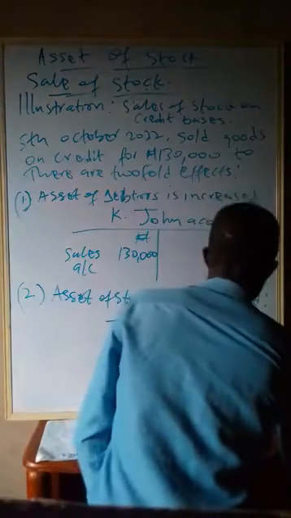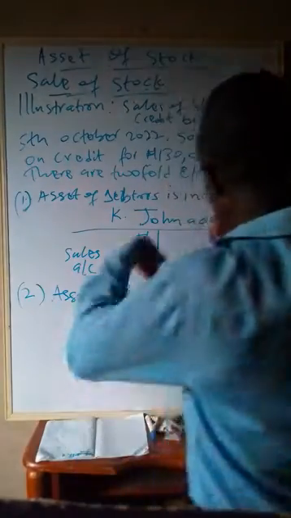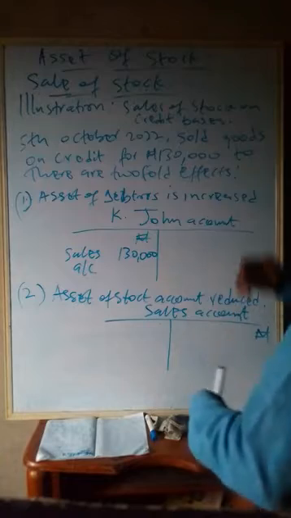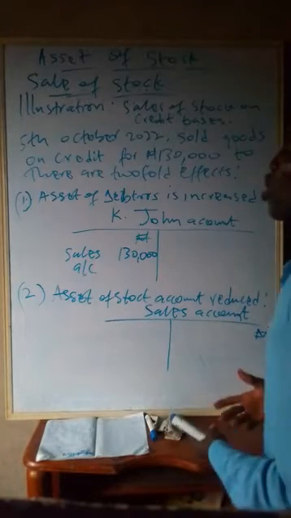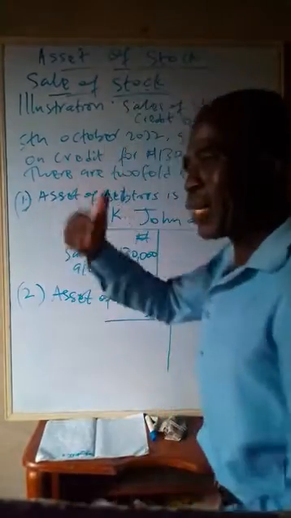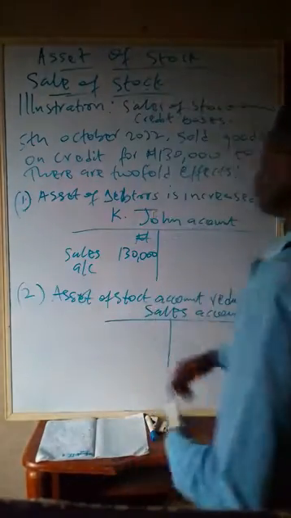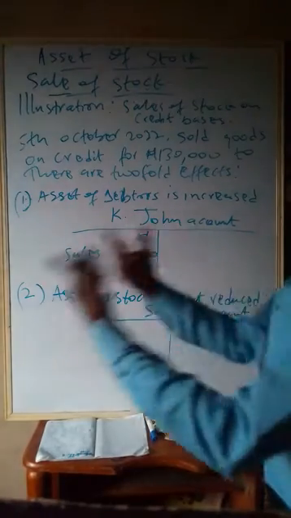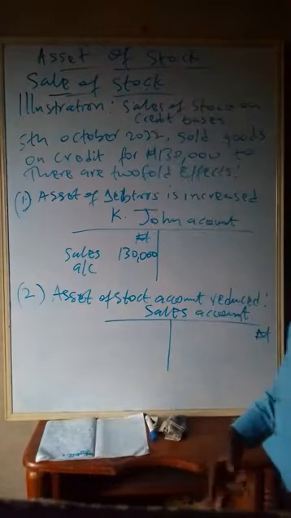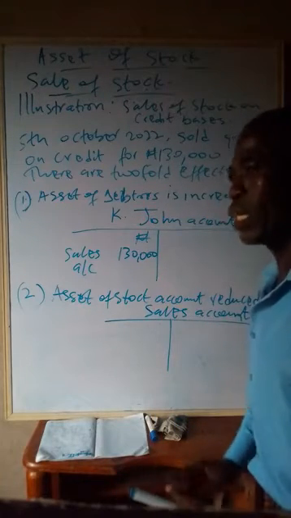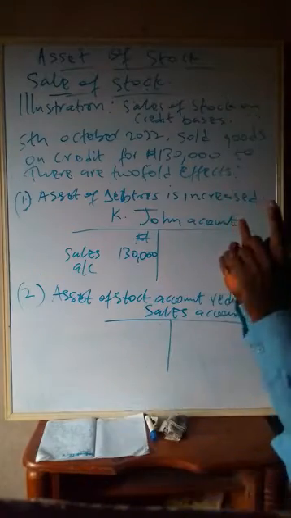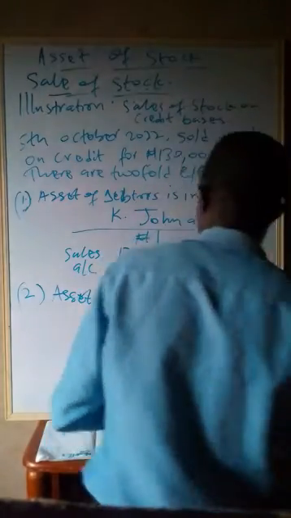Here, sales and purchases have a special meaning, because what gives rise to purchases is stock, and what gives rise to sales is stock. So I call it asset of stock. Both of them give rise to return inward, return outward, carriage inward, carriage outward, cash, bank, customers account. I think that makes sense.